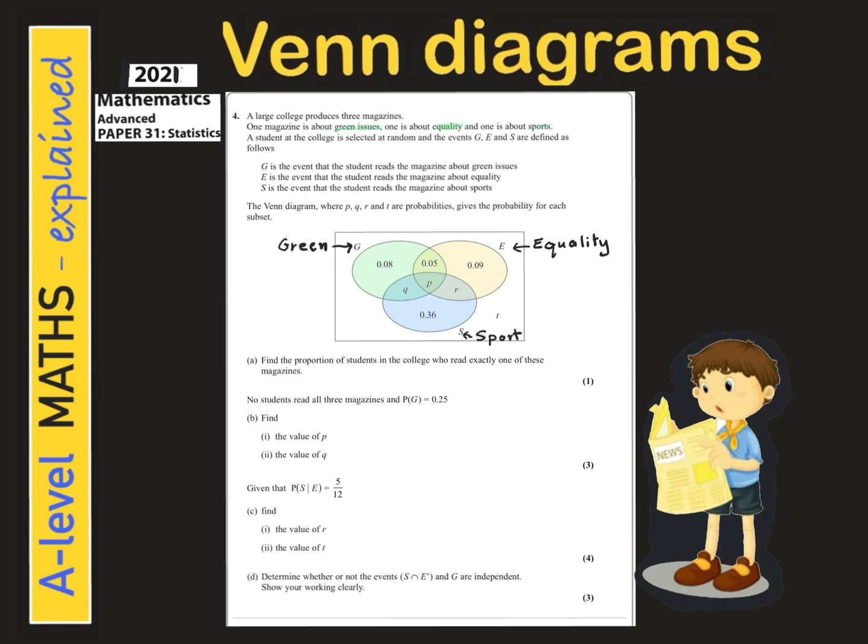So this Venn diagram gives the probabilities for each subset. Sometimes I talk about subsets, I talk about segments. In the first question, we are asked, find the proportion of students in the college who read exactly one of these magazines. First of all, let's talk about proportion, because we use probability or proportion.